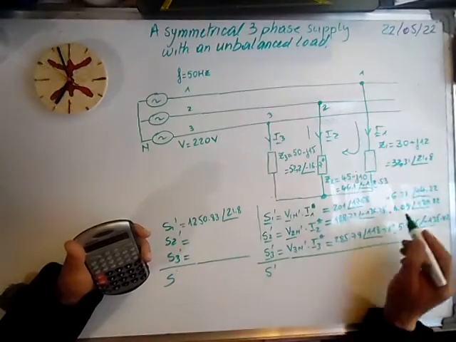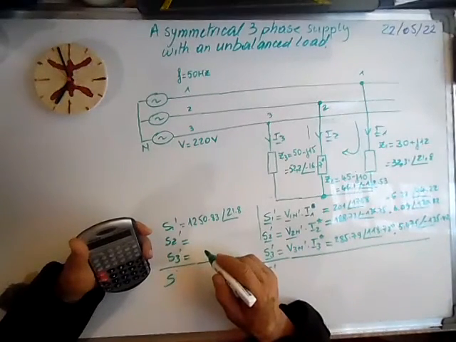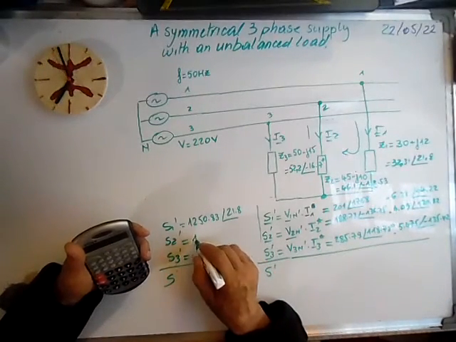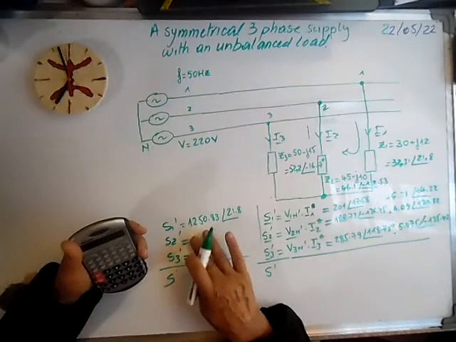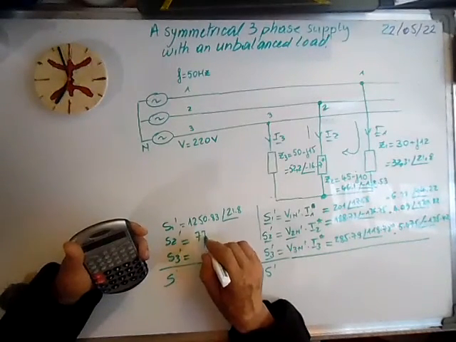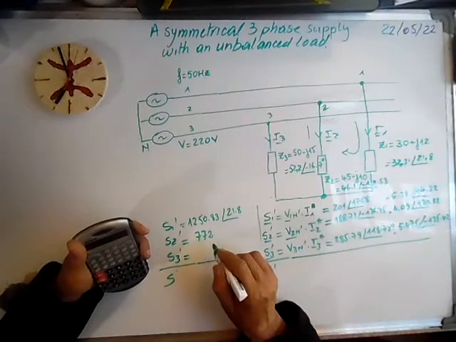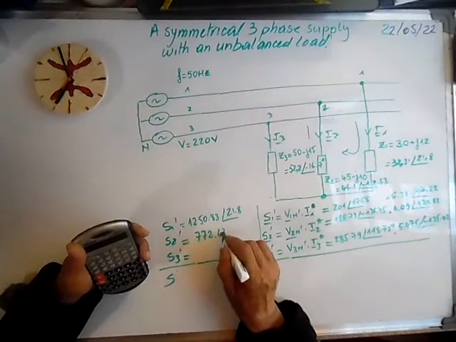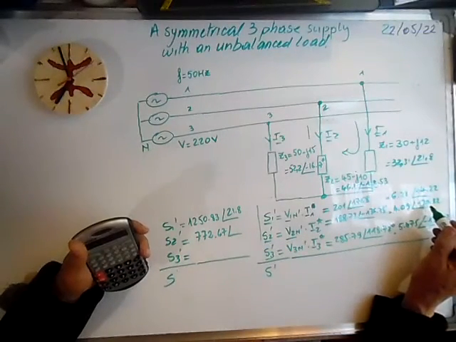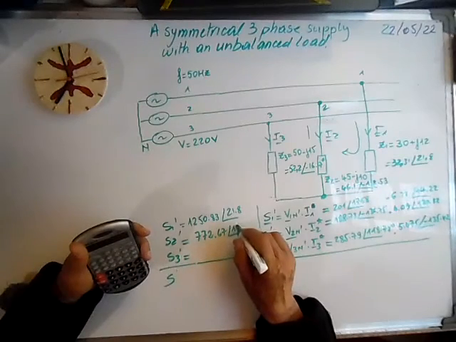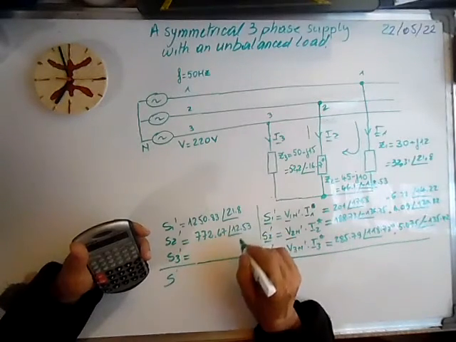S2', this one times this one will give us 772.67, argument is this plus this, which will give us minus 12.53.